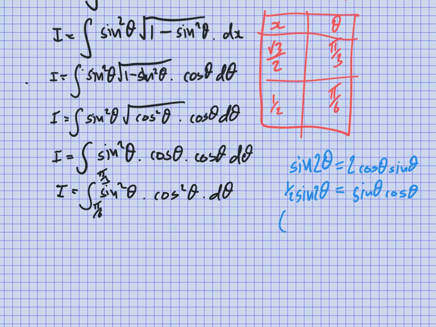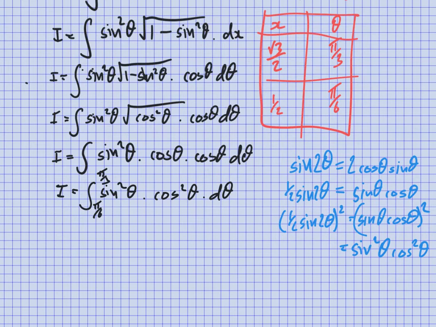And if I square it, a half sine 2 theta all squared will equal sine theta cos theta all squared, which is sine squared theta cos squared theta, which is what we've got.